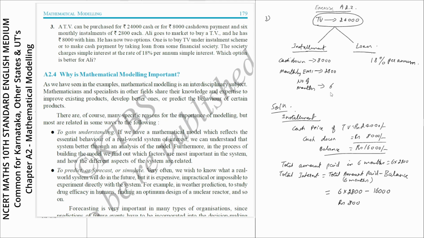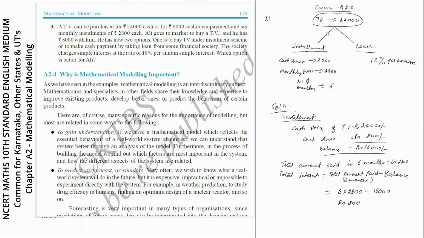If he goes for a loan from the society, that society is charging an interest rate of 18% per annum. Which is better, the installment scheme or the loan scheme, that's the question. Which will be better means wherever he ends up paying less, that scheme will be better.